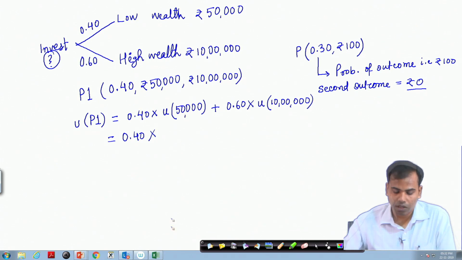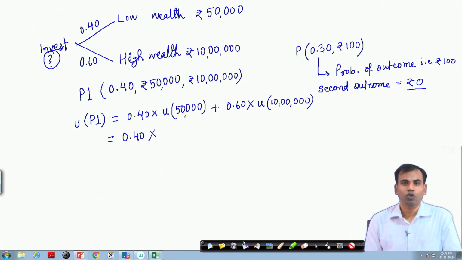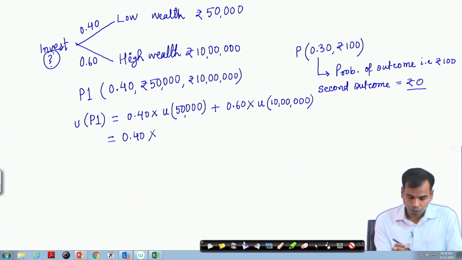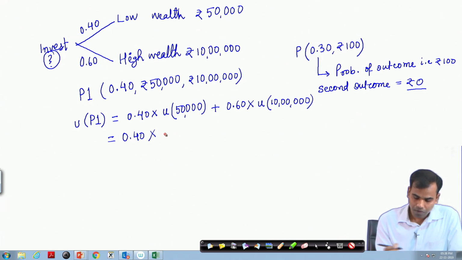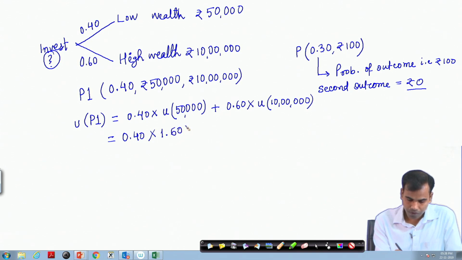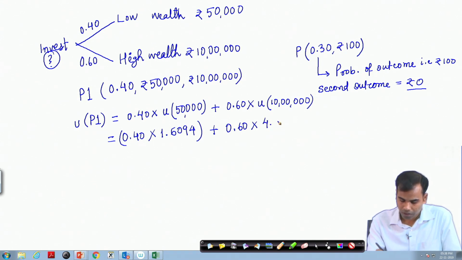Going by the previous assumption which we had seen in the table of logarithmic utility function, we can see that the utility of 50,000 can be written as 1.6094, whereas the utility of 10 lakh can be written as 4.6052.